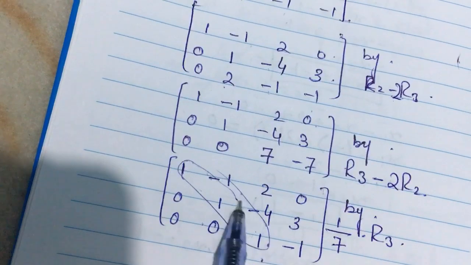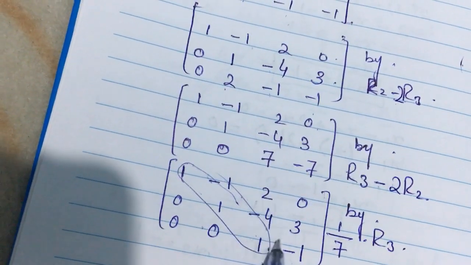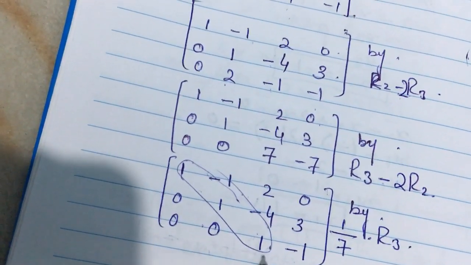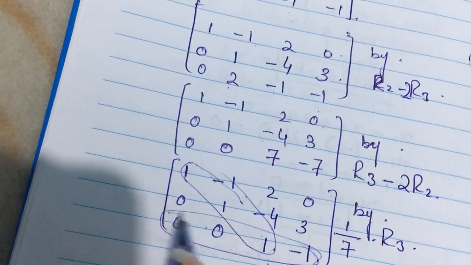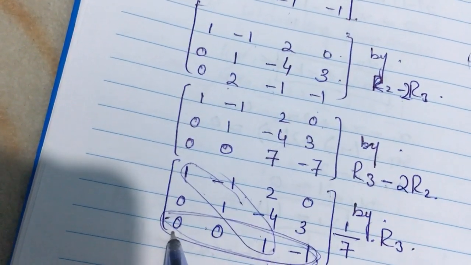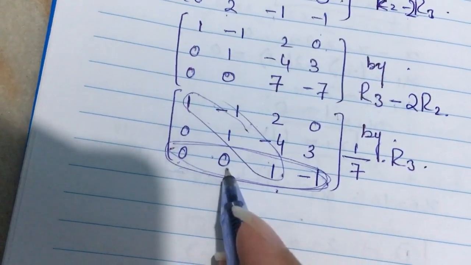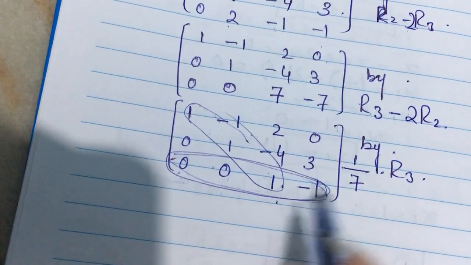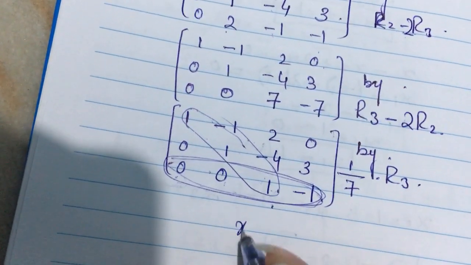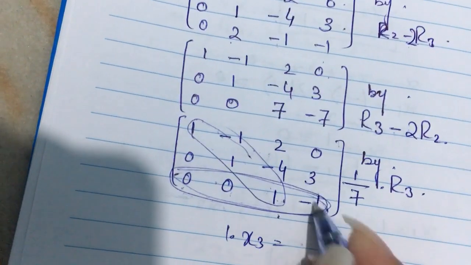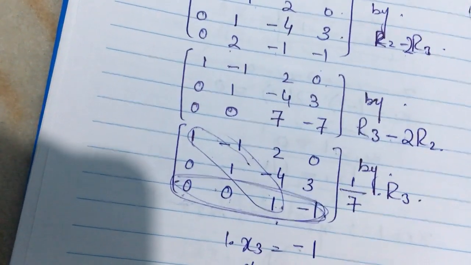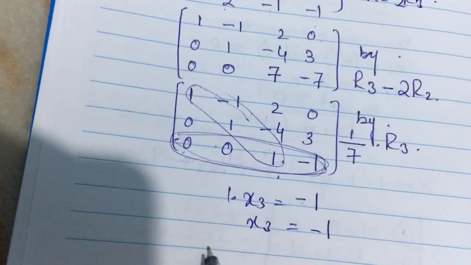Now I am writing it by back substitution into the equation form. If I write the last row in equation form, then x1 here is 0, x2 here is 0, and this is the value of x3, that is 1x3 equals minus 1. That means x3 equals minus 1.